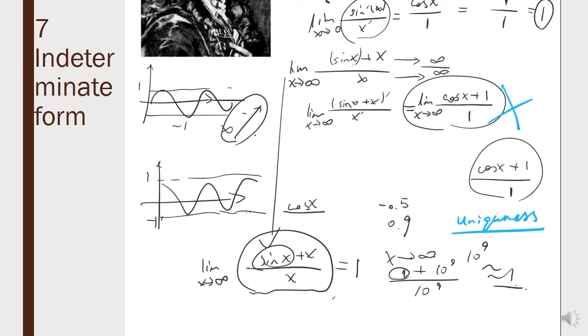Although it is infinity divided by infinity, which looks kind of complex, if you really think it through, using your previous knowledge, like trigonometry, understanding that sin x is just within a very small range but x is going to be infinitely large, it will be very easy for you to find the limit for this kind of indeterminate form.